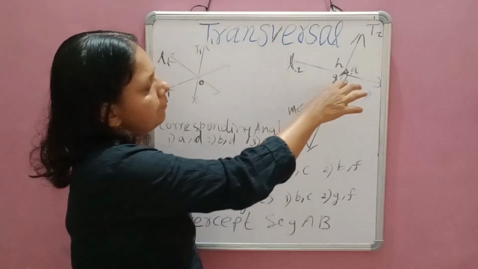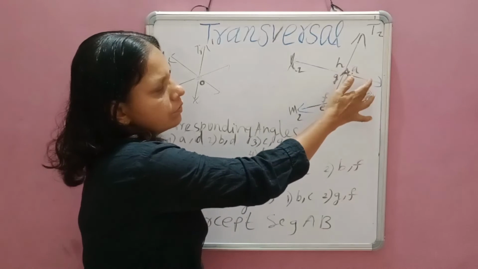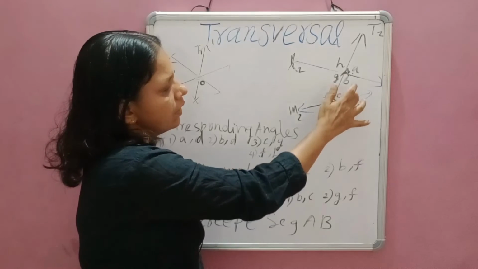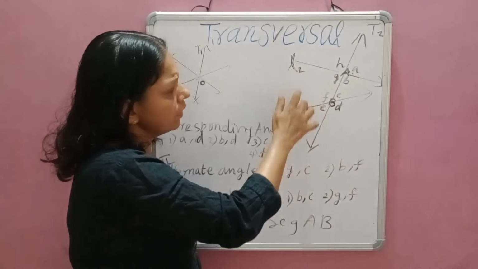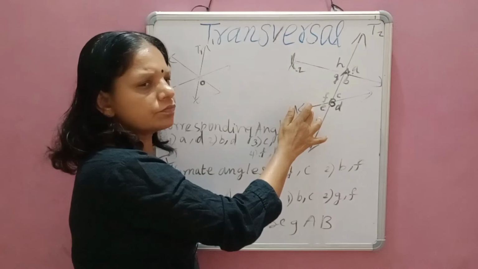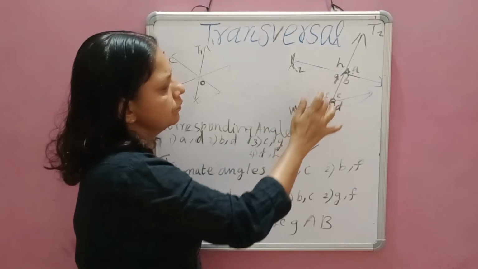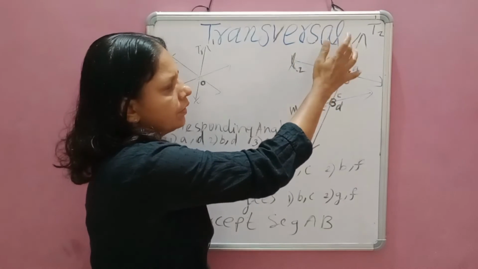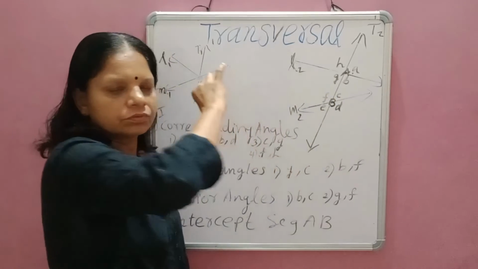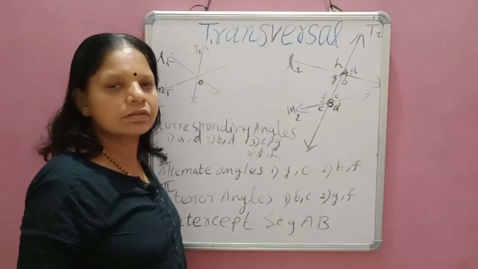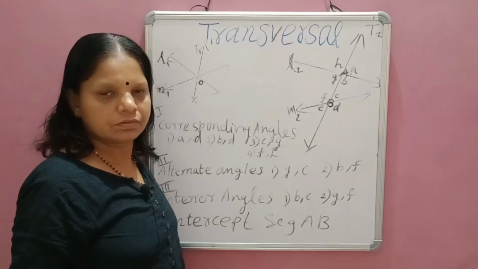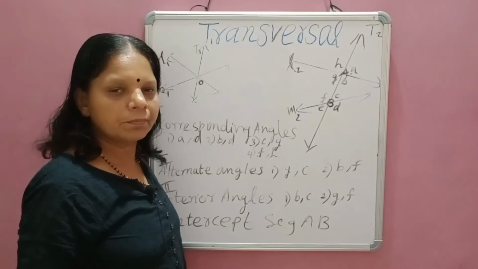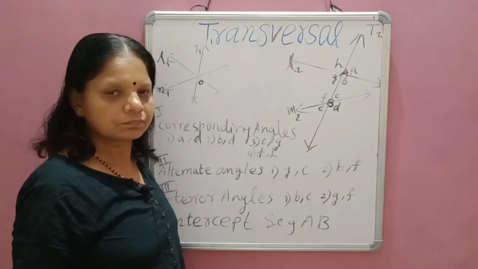Similarly, B and D are to the right of the transversal and below the line. Similarly, here also, to the left of the transversal and below the line, that is C and G. To the left of the transversal and above the line, H and F. So, corresponding angles are in the same position. That way you can identify the corresponding angles. How many pairs? Four pairs.